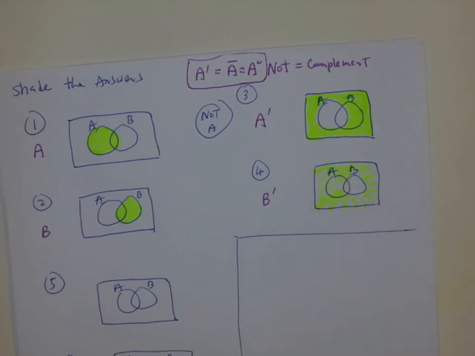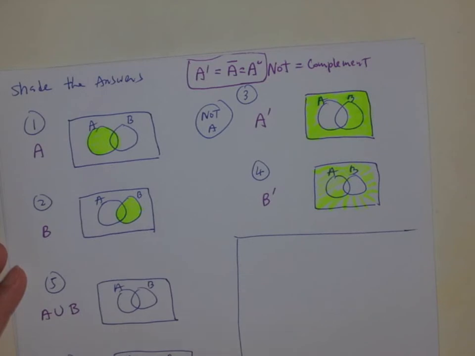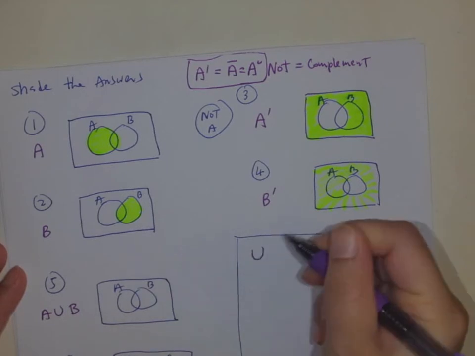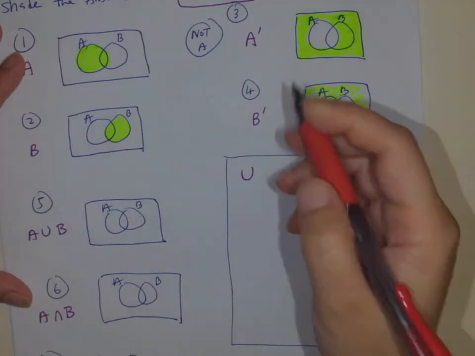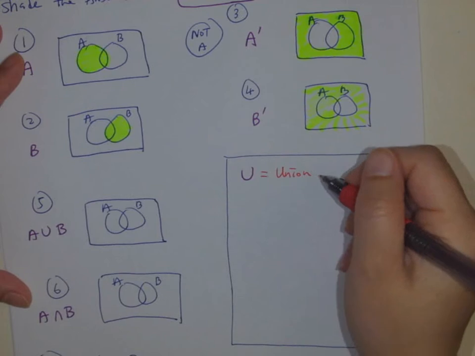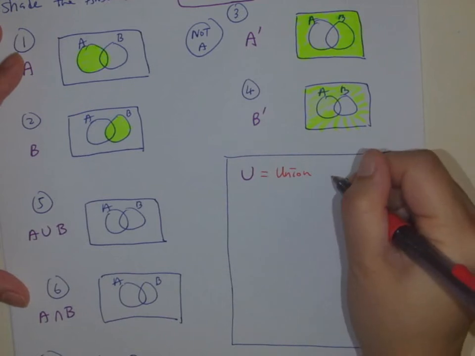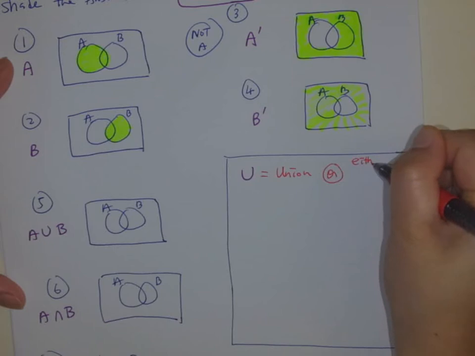Alright, and then for the next few you're going to need some terminology. A U shape means union, so don't be confused with the universal set, okay? The keyword for that is or, meaning either or.